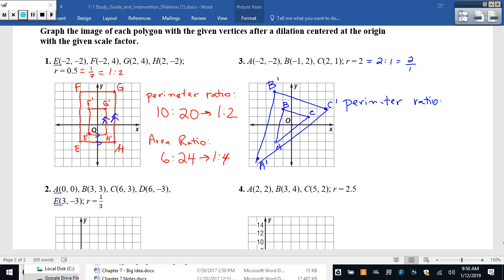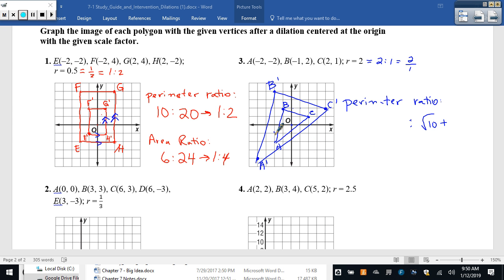Let's see here. If I use my Pythagorean theorem, up 1, 1, 2, 3. So we have 3 squared, that's 9, plus 1 squared, that's 1. BC is going to be the square root of 10. 3 squared plus 1 squared, and I'm going to square root that, just using the Pythagorean theorem.